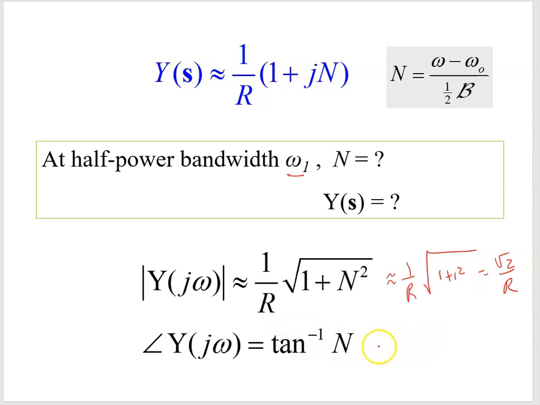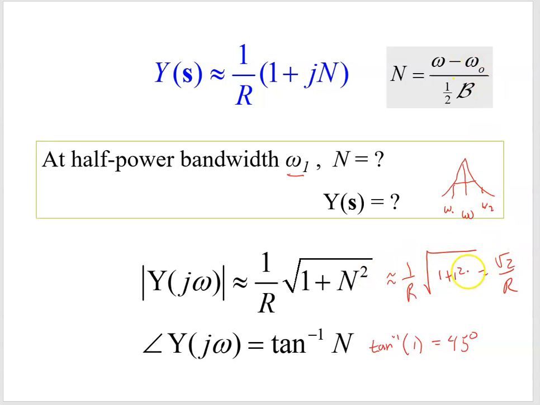If we're at omega 1, tan inverse of 1, that's equal to 45 degrees. If we're at omega 2, so if we have our omega naught, omega 1, omega 2, then our omega minus omega naught.